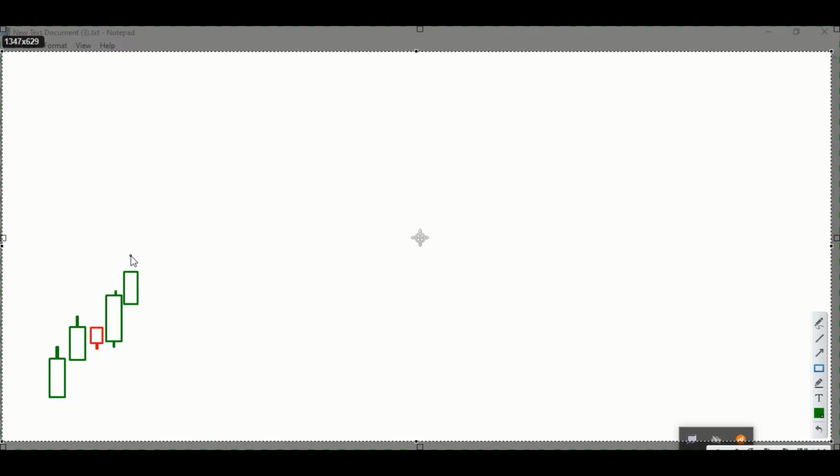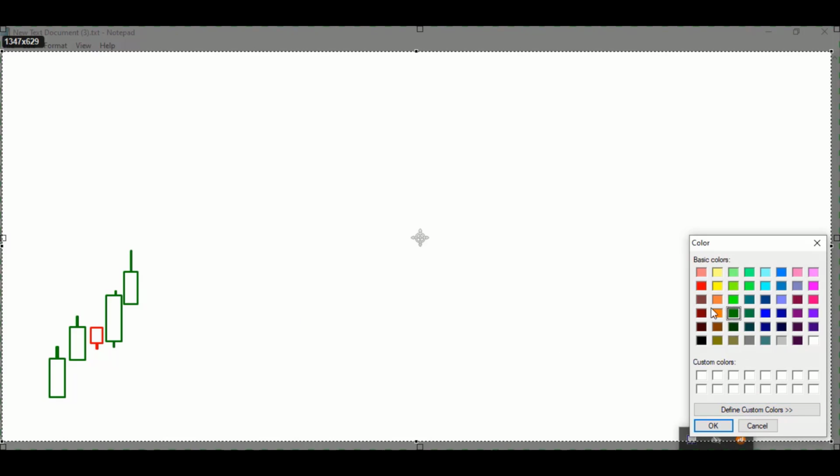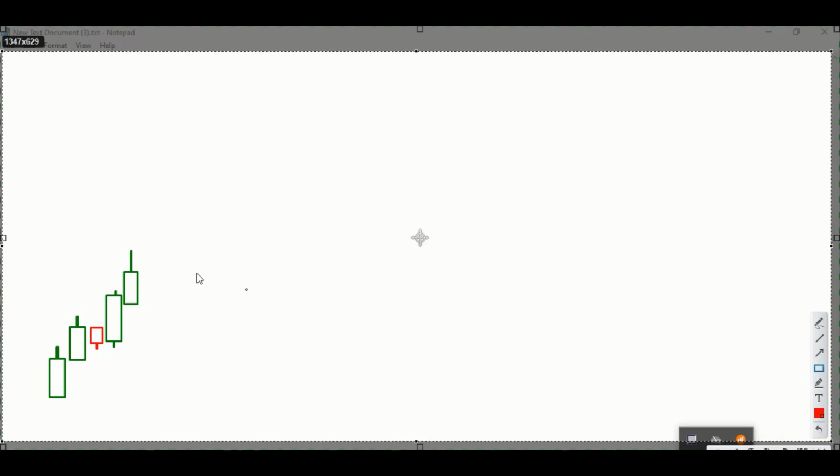So suddenly we find a rejection from a certain level, and after this candle we also find another candle. I am drawing here. We also find a red candle.